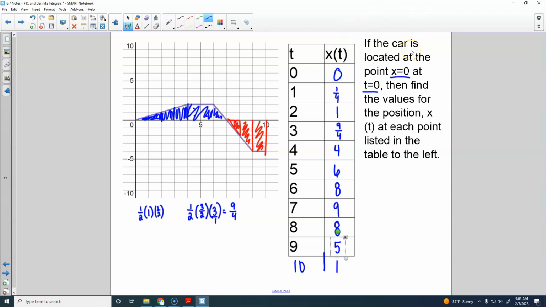If we start at 0, what would happen to these numbers if instead of starting at 0, we started at 10?